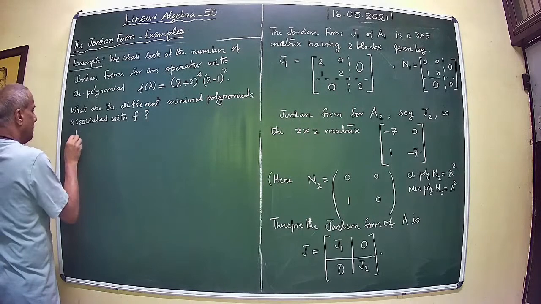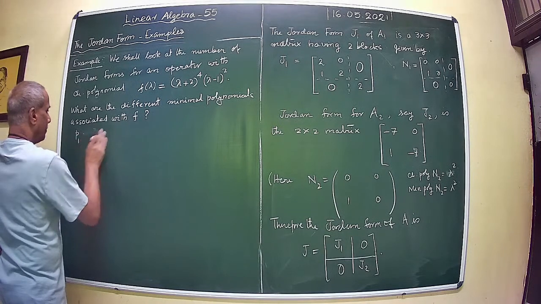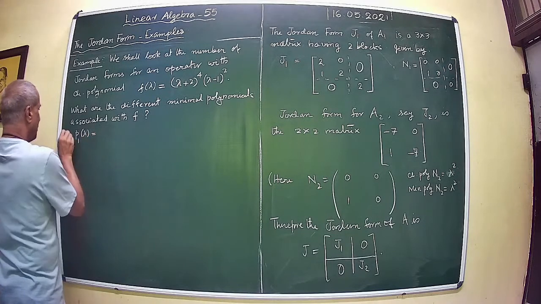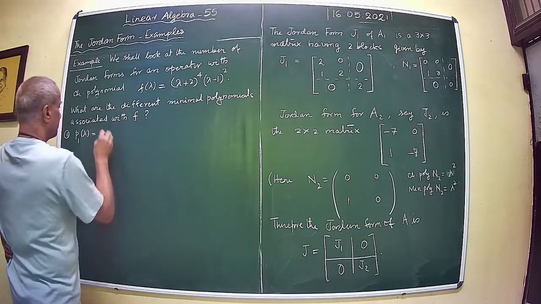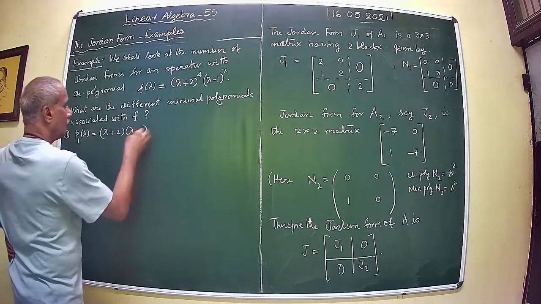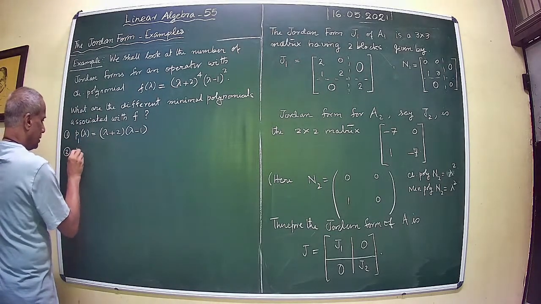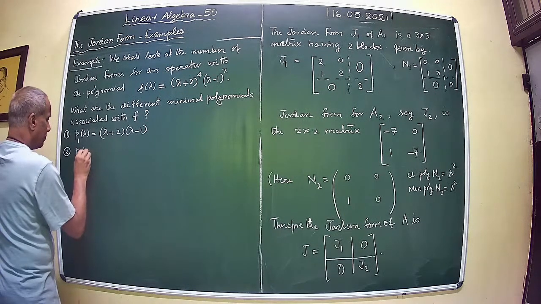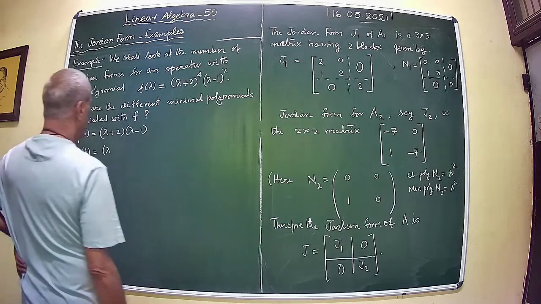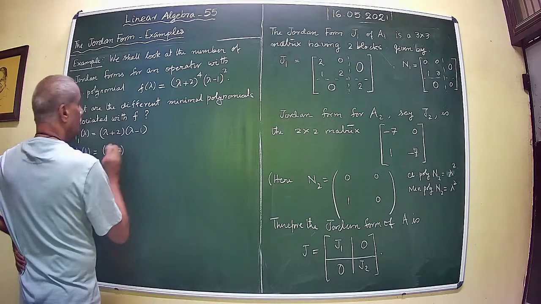So P1 minus 1. Second one is P2, lambda plus 2 whole square.